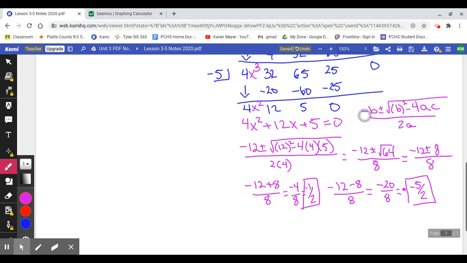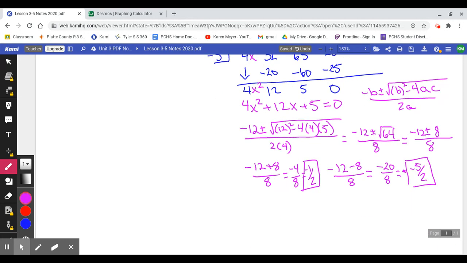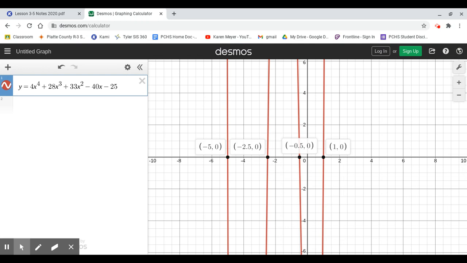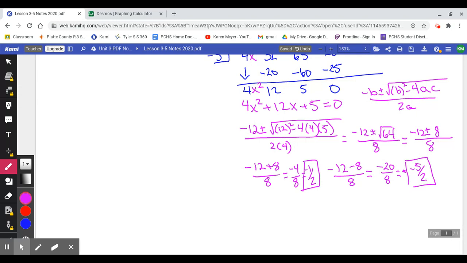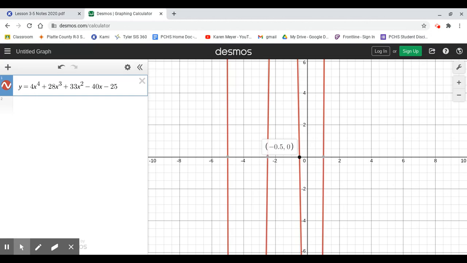Now, the beauty of decimals is you can go back here and say, all right, well, I got negative 1/2. So if I come back to my graph, is negative 1/2 one of the x-intercepts? And hopefully everybody says, yes, it is. And then negative 5 over 2. Well, if I take negative 5 over 2 and divide it to a decimal, I get negative 2.5. And if I come back over here, is negative 2.5 one of my zeros?